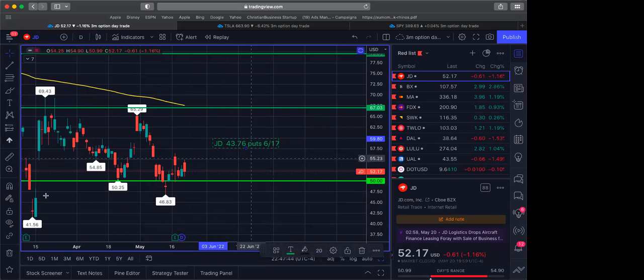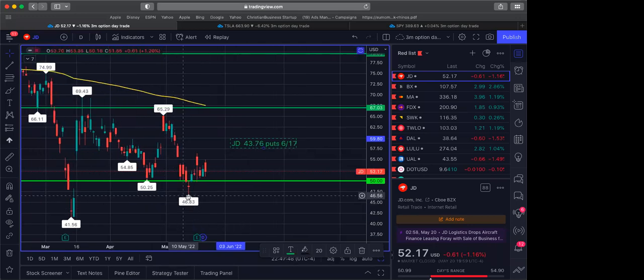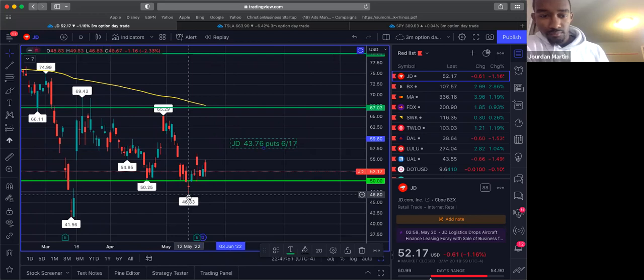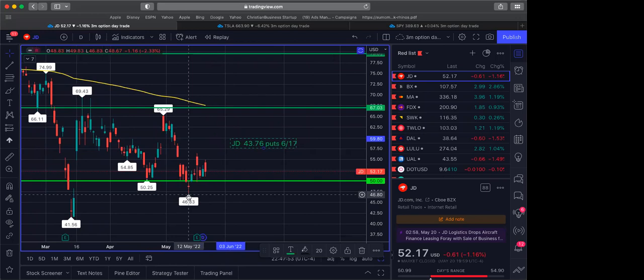When I got in, my target was a 47 put, which got adjusted to a 43.76 put.